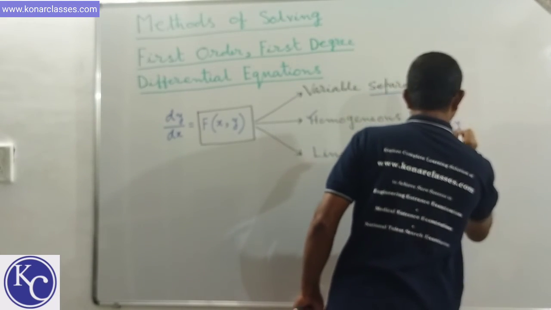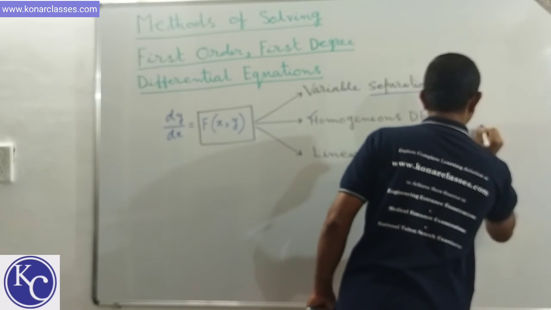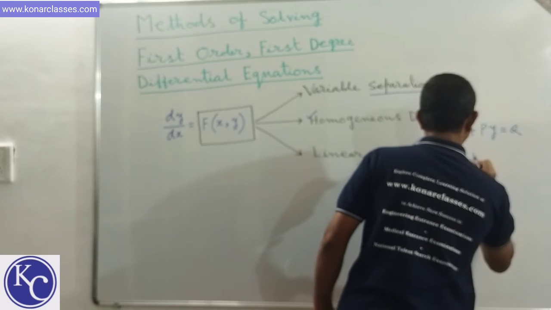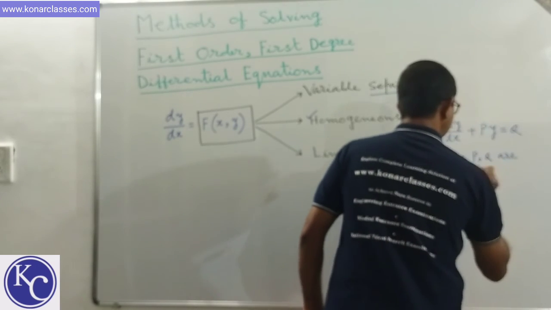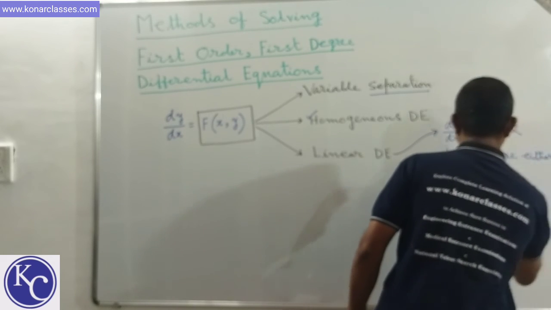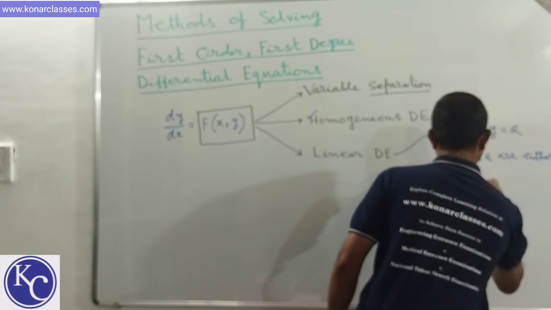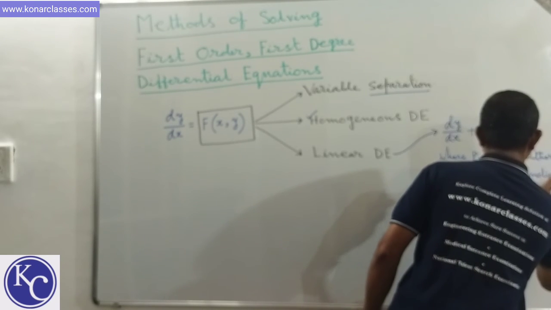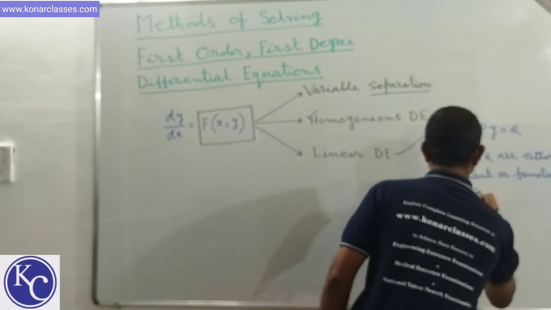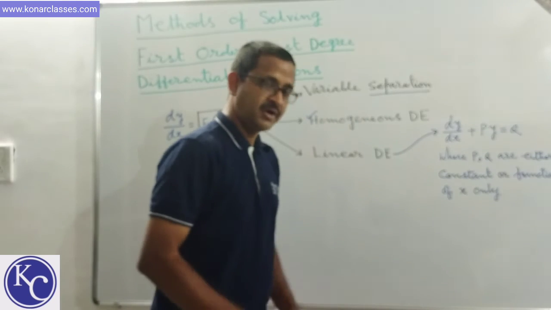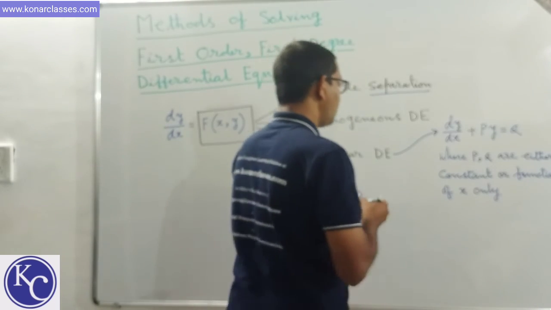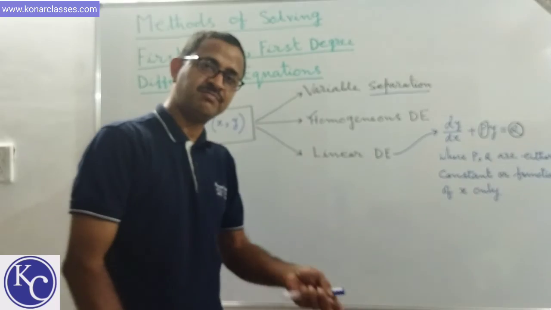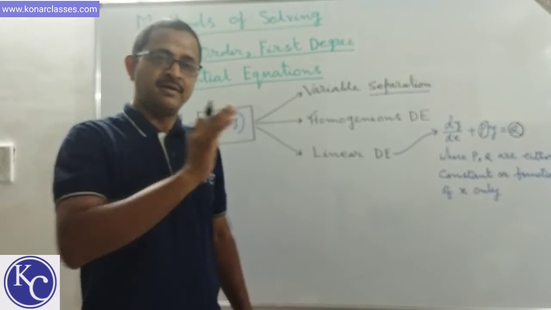If we have a differential equation like this, dy/dx plus p into y is equal to q, where p and q are either constants or functions of x only, then we can say that this differential equation dy/dx plus py equal to q is a linear differential equation.